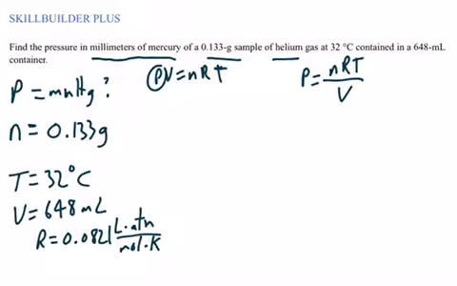If you recall the molar mass of helium, okay, from the periodic table, helium is 4.0 grams per mole.